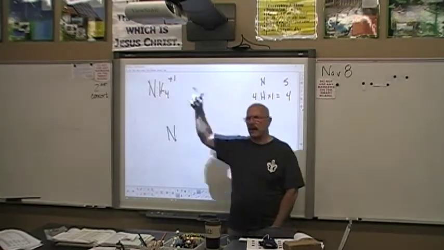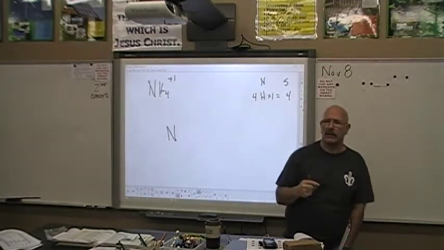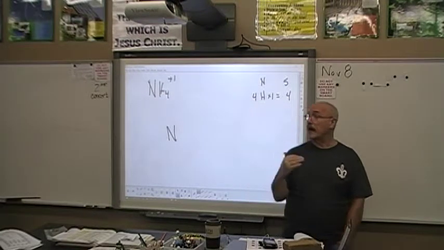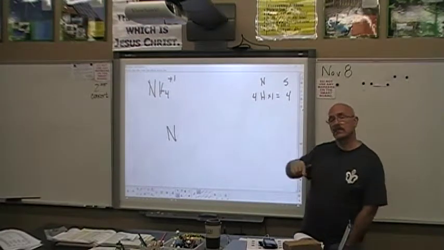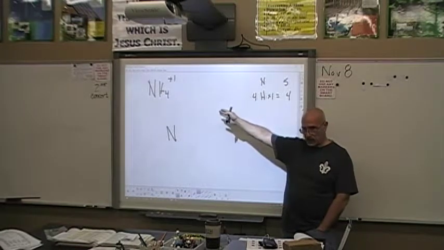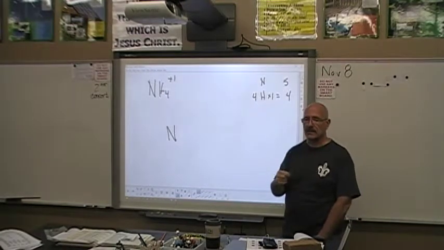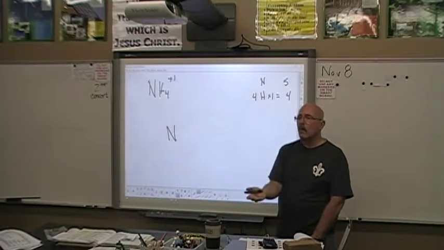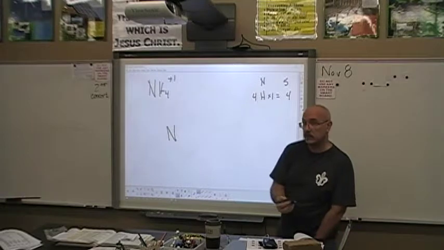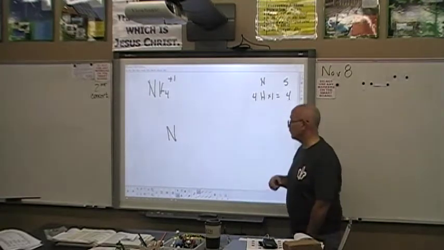Just like the phosphate one we did at the end of class yesterday, where we saw phosphate was negatively charged, and that meant we've got extra electrons. This one's positively charged, so that means it's missing an electron. Something that's positively charged means it's already given away 1 of its electrons if it's positive 1, 2 of its electrons if it's positive 2, or 3 of its electrons if it's positive 3.